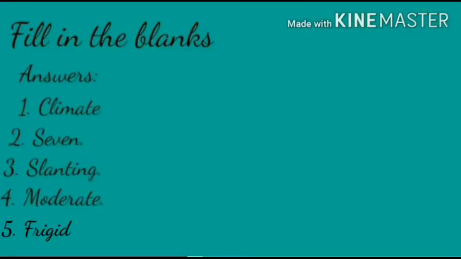Fourth point, places near the coast have a dash climate, and the answer is moderate. Fifth point, the dash zone remains cold all the year round, and the answer is frigid zone. Children, you can check your answers from here.